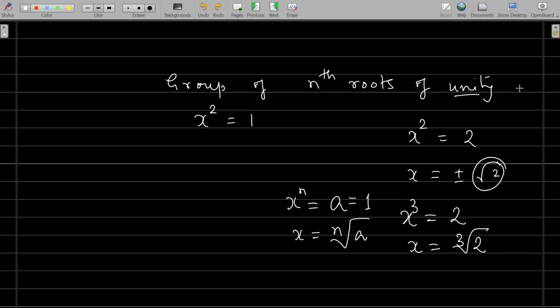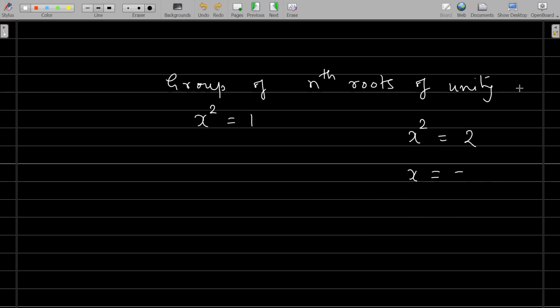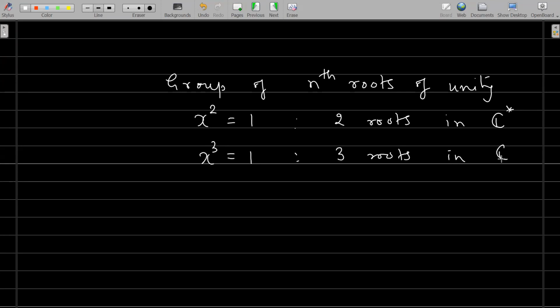So I'm essentially going to talk about the numbers for which x raised to n is going to be 1. Let's see step by step. Suppose x square is 1. Then this will have 2 roots, since it's a degree 2 polynomial, in C. Right now we want to talk in C star because anyway it's not going to be 0. If I look at x cube equal to 1, this will have 3 roots in C. If I look at x raised to 4 equal to 1, this will have 4 roots in C star.